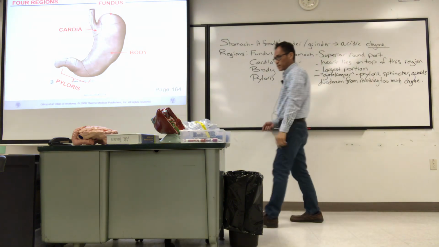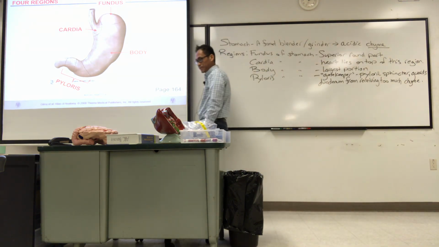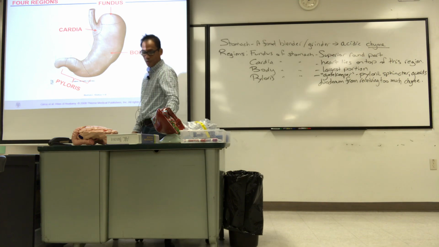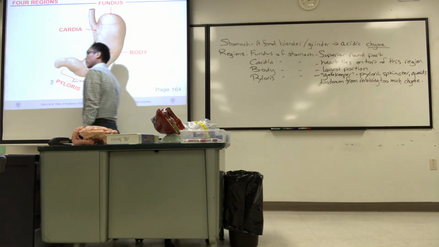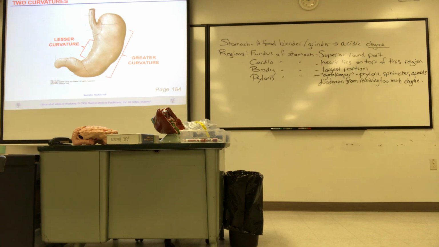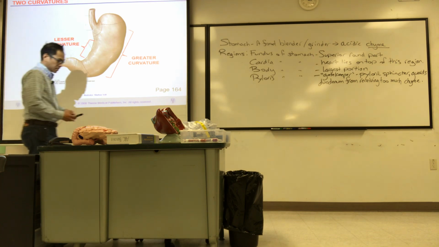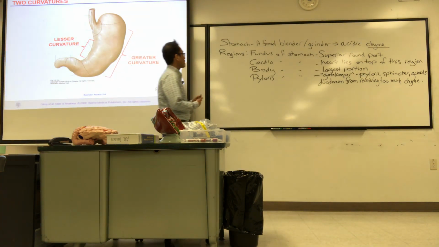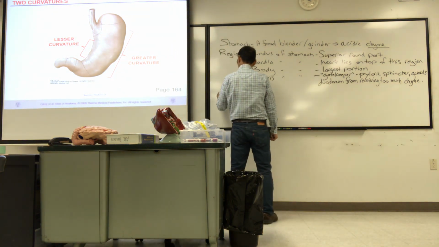The other thing to notice is the coloration in this picture. It's actually pretty accurate to what you see in a cadaver once you open up the body cavity. Also note the curvatures, the greater and lesser curvatures, named for the greater and lesser omentum that attach to them. So I'll just list them.